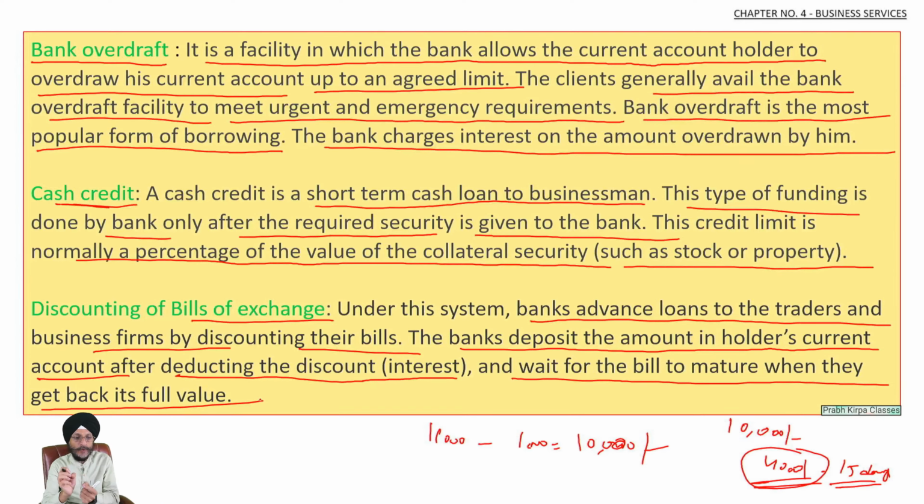They may give you say 9,500 and they will deduct rupees 500 as discount or interest, and say the payment is to be received by you after 15 days. Then the bank will receive that full payment of 10,000 from the other person when its maturity date comes.